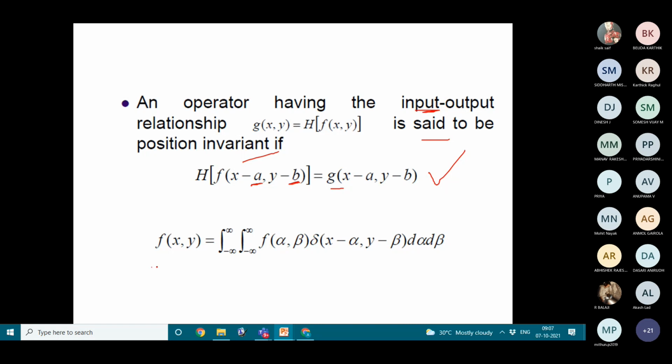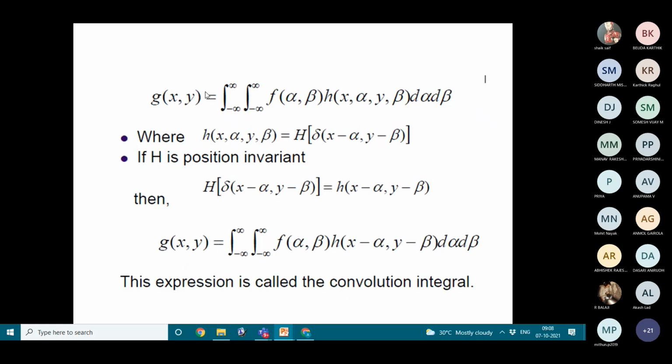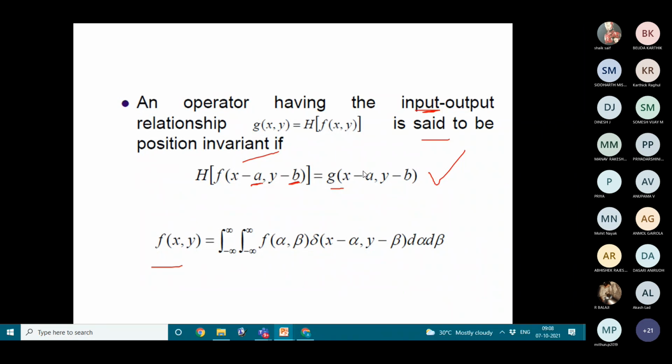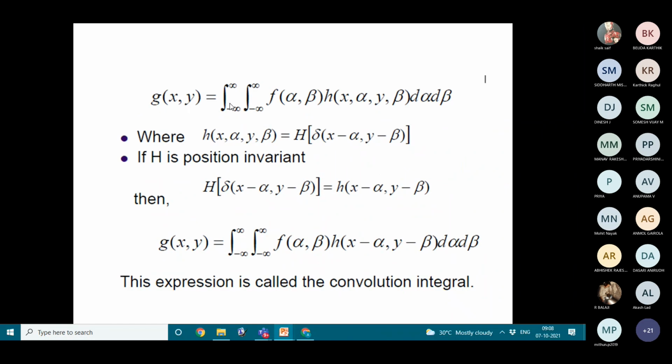And f(x, y) is nothing but the integral from minus infinity to plus infinity of f(α, β) δ(x − α, y − β) dα dβ. And g(x, y) will be, this is the equation, the integral from minus infinity to plus infinity of f(α, β) h(x, α, y, β) dα dβ.